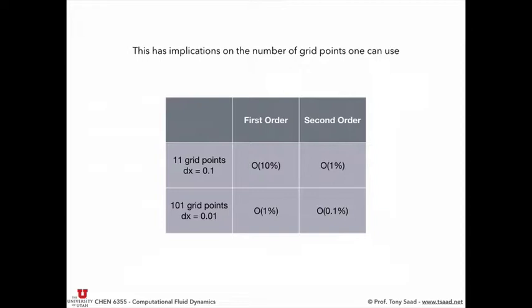Now, what would it take to make a first order method reach an error of 1%? You have to double the number of grid points. So you have to use 100, so one order of magnitude more in this case. Okay, sorry, I made a mistake here. To get to an error of 1%, you have to get 100 grid points.